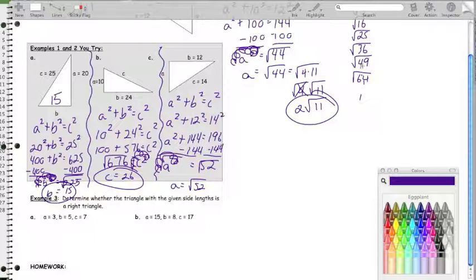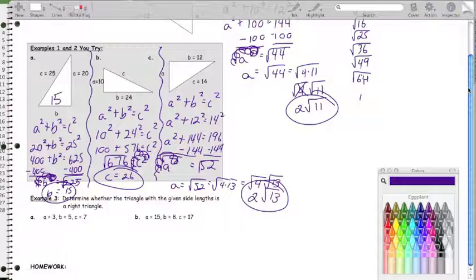And 52 divided by 4, that one works. So I can break this into square root of 4 times 13. They each get their own little house. 4 gets a house, 13 gets a house. Square root of 4 is 2, square root of 13 stays the way it is. Okay? Again, if it says simplify it, then that's whenever you break it apart like this. If it just says round it, that's when you can use your calculator.